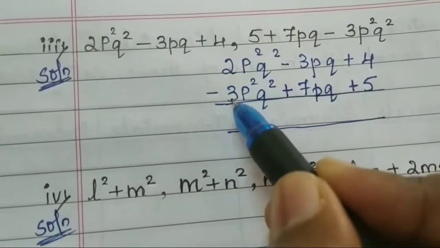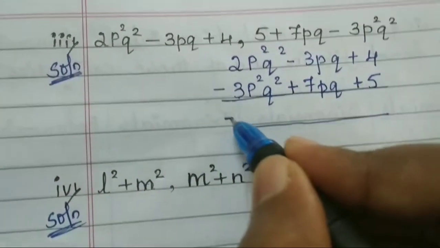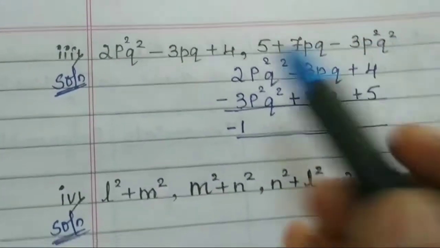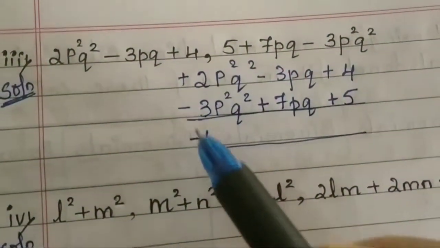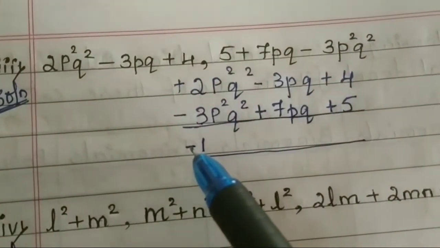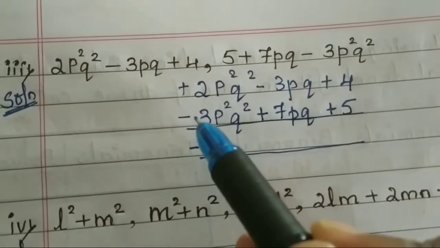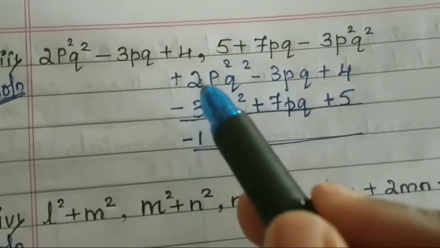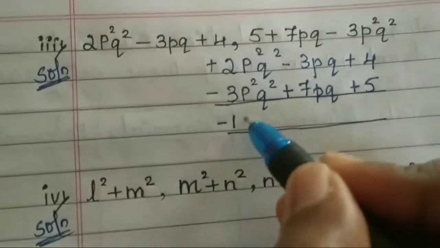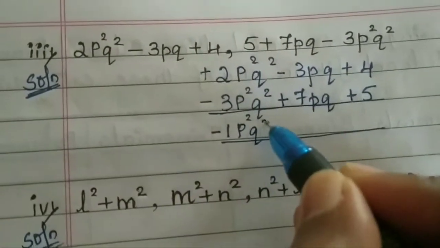So 2 minus 3, we are left with minus 1. When there is 1 plus and 1 minus sign, you have to keep the sign of the greater number, and always subtract. So it is minus 1p square q square.